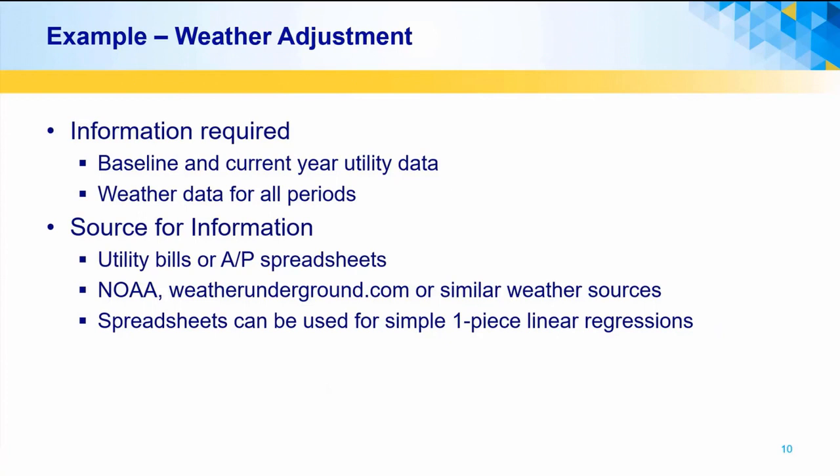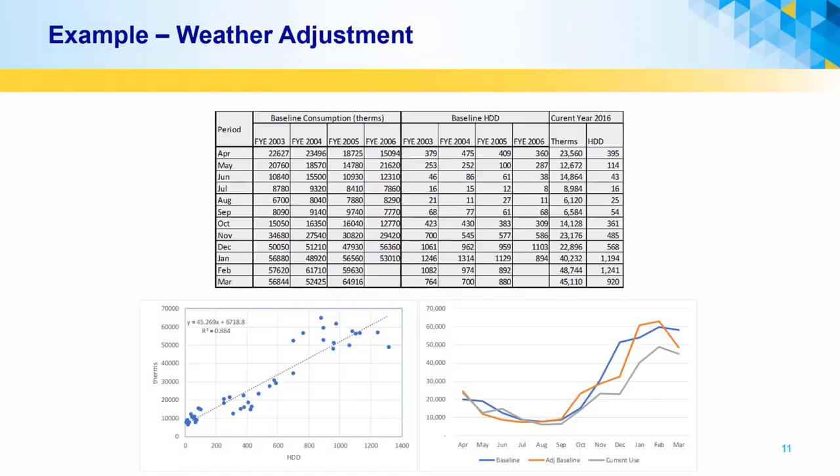The most easily obtainable are one-piece linear regressions available in spreadsheet software. In this slide, the data is tabulated above. The left bottom chart shows the data scatter plotted against weather and shows the linear least squares equation. The right bottom chart shows trend lines comparing the baseline, adjusted baseline, and the actual usage data.